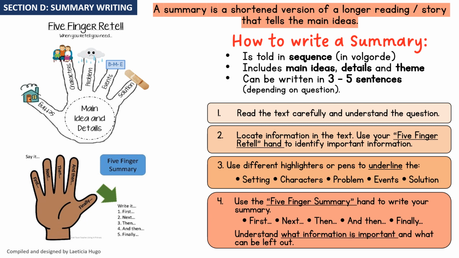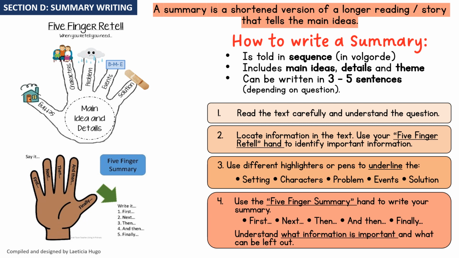Thirdly, use different highlighters or pens to underline the following: the setting, the characters, the problem, the events, and then the solution. It'll be easier when you start writing your summary to have those 5 things, and then to write it accordingly.